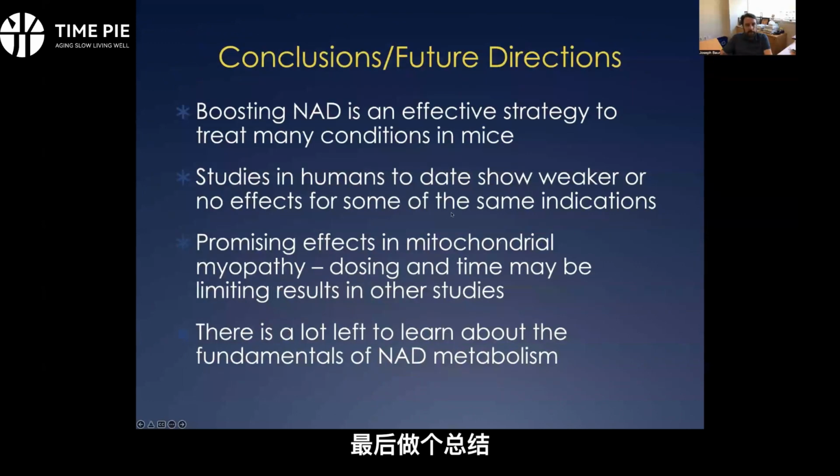And so just to go through some conclusions, I think that boosting NAD is an effective strategy to treat many conditions in mice, but studies in humans to date have shown weaker or no effects for some of the same indications, although positive effects in things like mitochondrial myopathy.